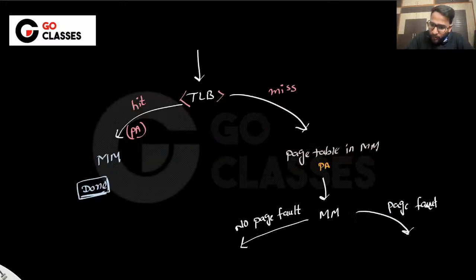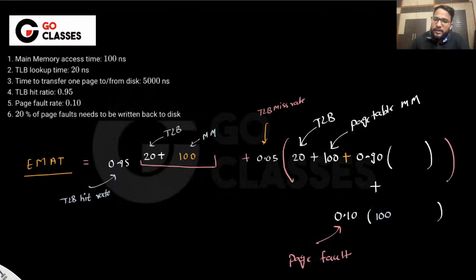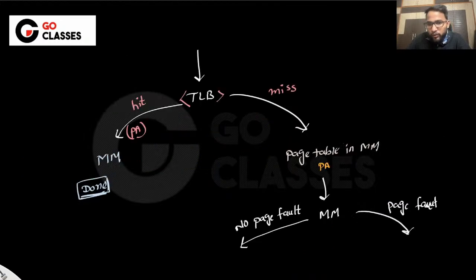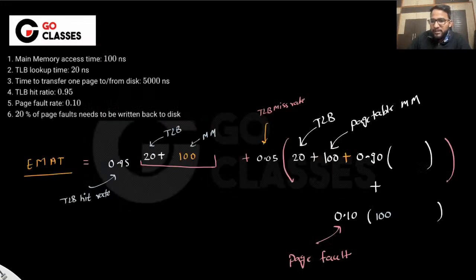Now you will go to the main memory again, right? So maybe I can write plus 100 also. You are going to the TLB, you are going to the main memory, and then you are again going to the main memory. Since this is common, you can write it in both places.